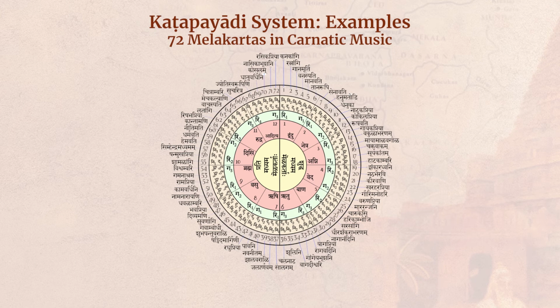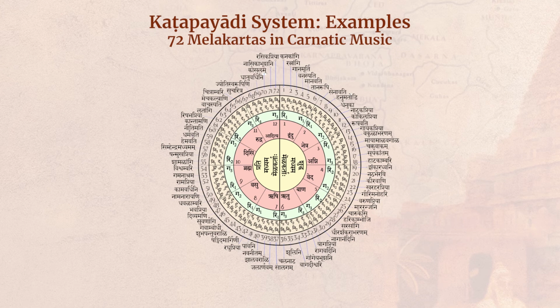There are 72 ragas, organized like a sort of permutation combination, in such a way that the Shadjam, Panchamam, Daivatam, Nishadam, Rishabam, Gandharam, there is a certain combination in which these Saptaswaras form these ragas. But the charm of this is that the 72 names of the ragas are as per Kaṭapayādi. Therefore, if you know the raga name, you can identify which Melakarta it belongs to.